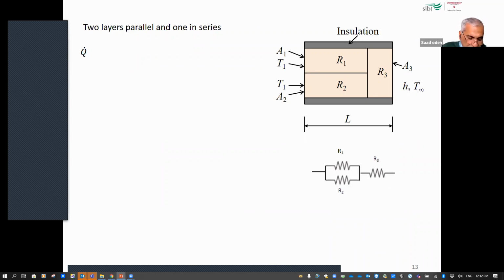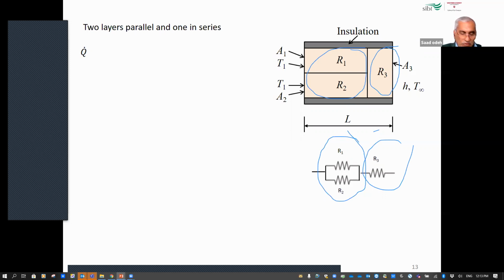These two resistances are in parallel, so put them this way. We put it in the diagram here, R1 and R2 in parallel. And then these two in parallel are connected to R3 in series, which is what we show here in the diagram.